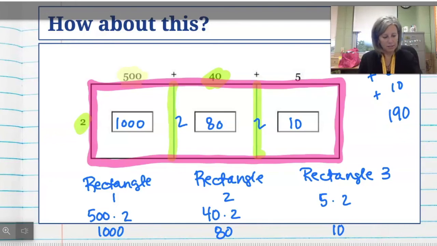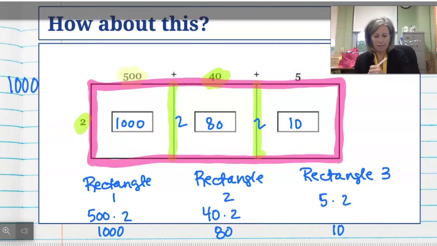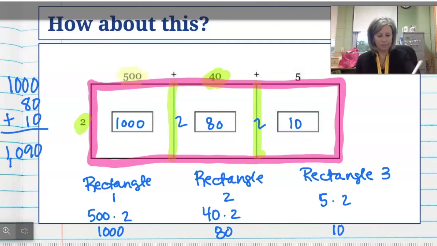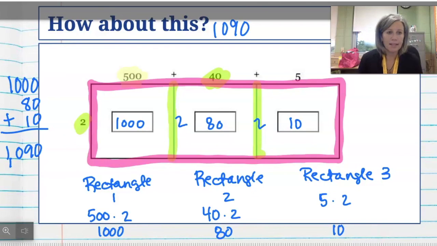It's not 100, it's 1,000. So I got to be careful here. And you can't see my adding, so I'm going to put it in a new location. We got 1,000 plus 80 plus 10 for 1,090 is the area of that big rectangle.